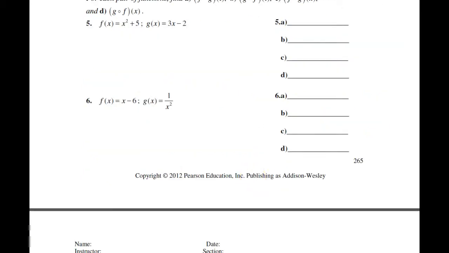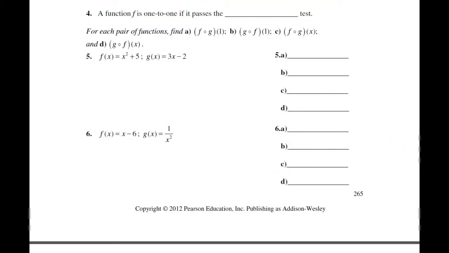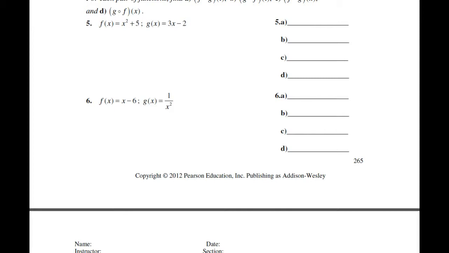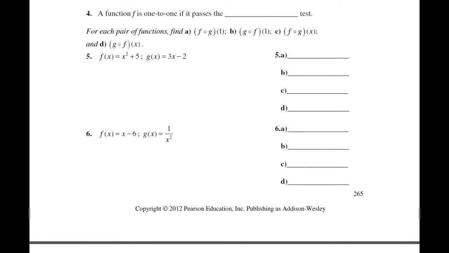Now, as I mentioned, we wouldn't be doing all of these, but we certainly want to go through what is needed to figure them out. So here we see we have some compositions.